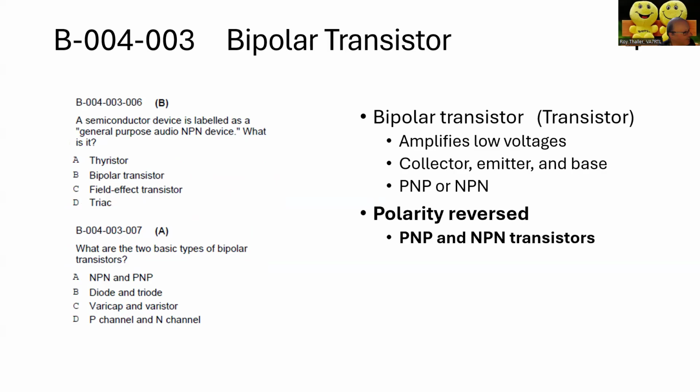A semiconductor device is labeled as a general purpose audio NPN device. What is it? So in this case, it would be a B, a bipolar transistor. What are the two basic types of bipolar transistors? And that would be an NPN and a PNP transistor.